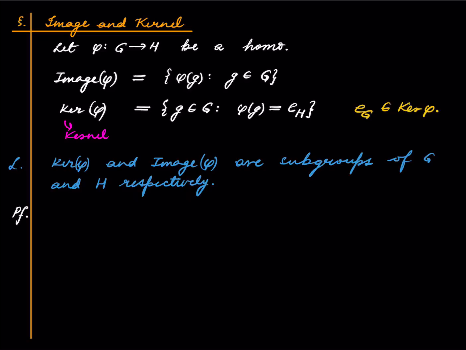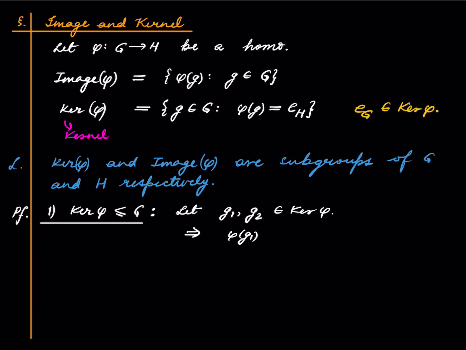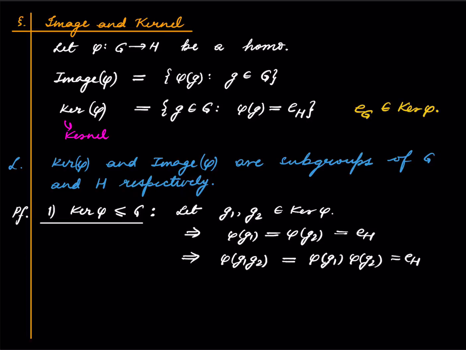So again, this is a very simple thing. Let's first show that kernel phi is a subgroup of G. So how do we do this? Let G1 and G2 be in the kernel. Then phi G1 equals phi G2 equals the identity of H, which implies phi of G1 G2, which by the fact that phi is a homomorphism is equal to phi G1 times phi G2, is the identity of H, because this is the identity of H and that is the identity of H. So multiplying them gives the identity of H, which implies G1 G2 also lies in the kernel of phi.